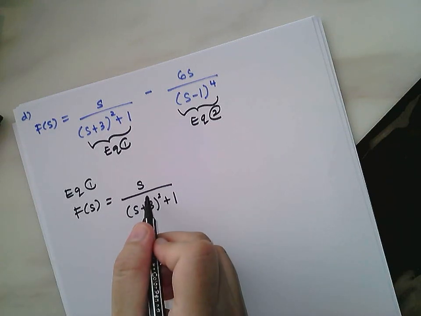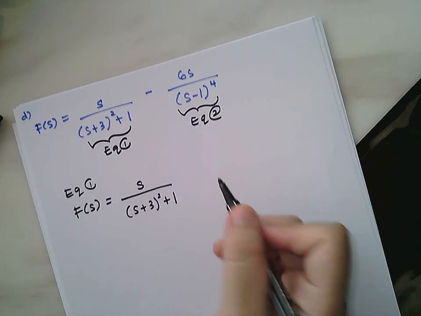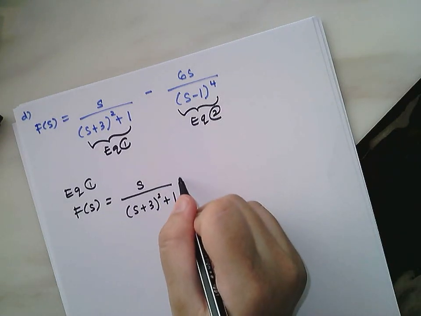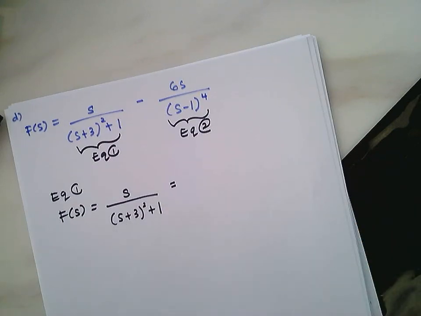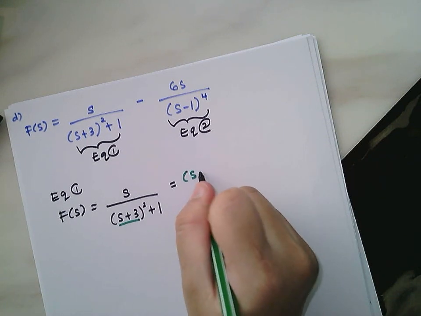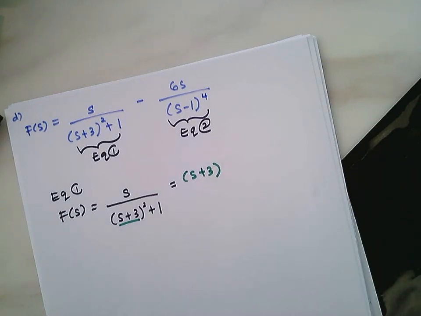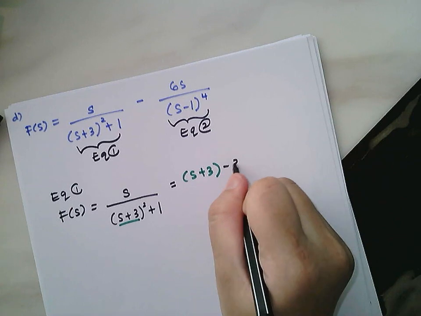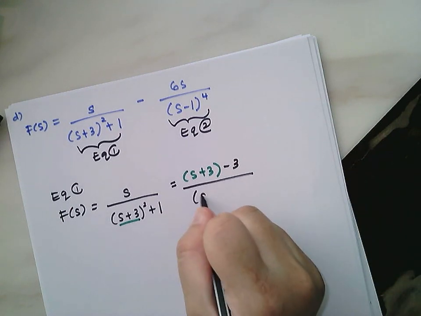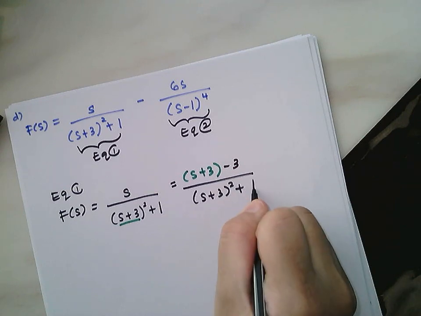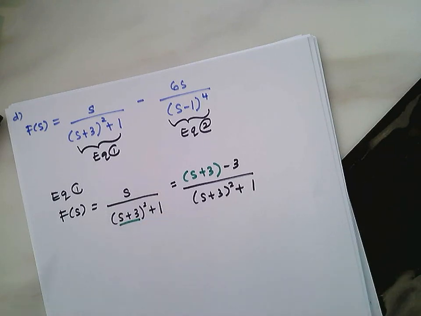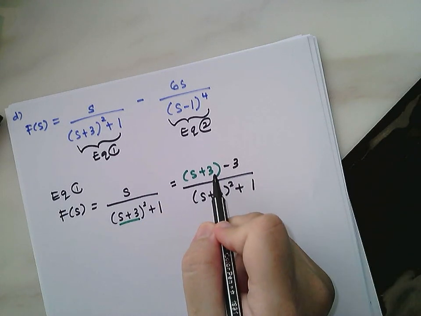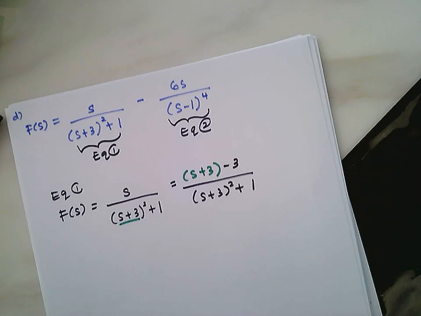So rearrange this function so that you will have, what you need is s plus 3, then you need to minus 3, over (s plus 3) squared plus 1. If you expand this one, you will have s. That's how you are going to check whether you are doing it correctly or wrong.